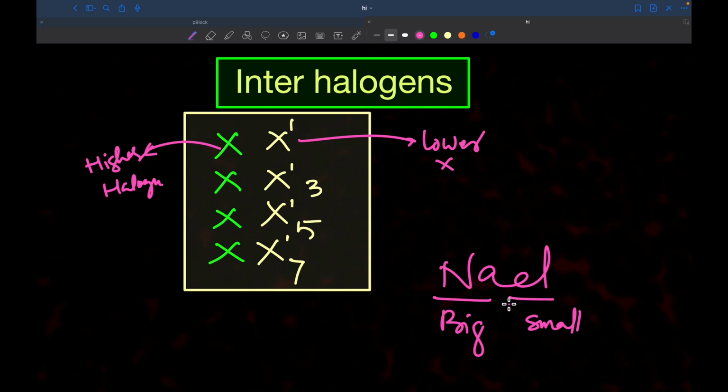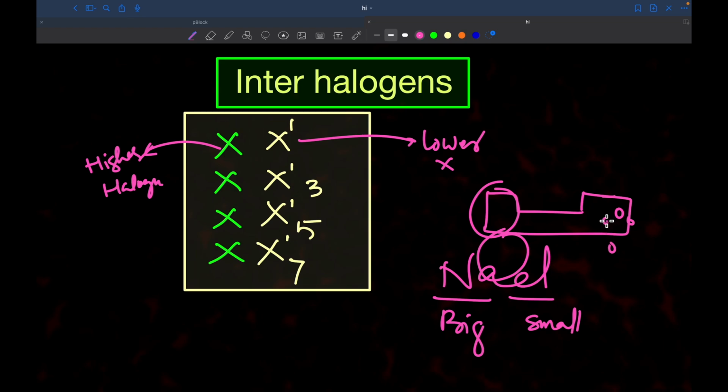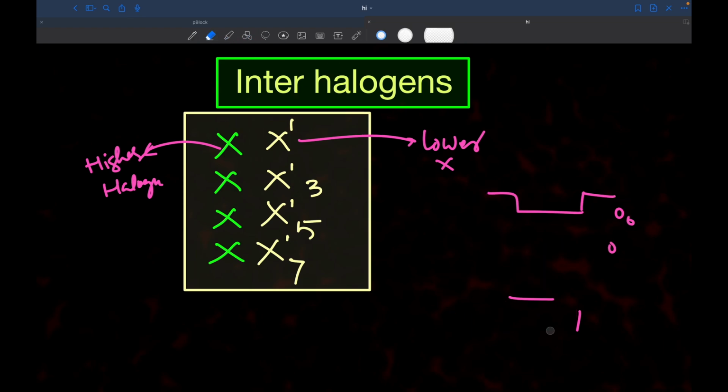This is how you write it. Smaller ions are written on the right side and the bigger ones are written on the left side. Why is it? Periodic table lone atlunnai. Left side of the periodic table contains all metals which have bigger sizes, and ikkadiki vachesariki sizes small. So the same trend is followed here also. So ikkadiki vachesariki both are halogens, therefore this must be the bigger halogen, this must be the smaller halogen.